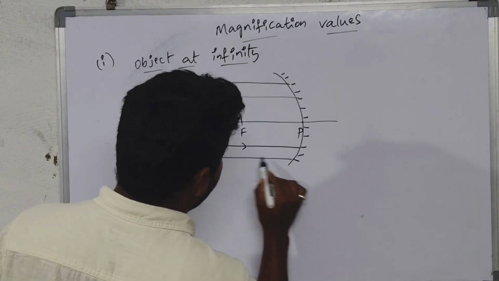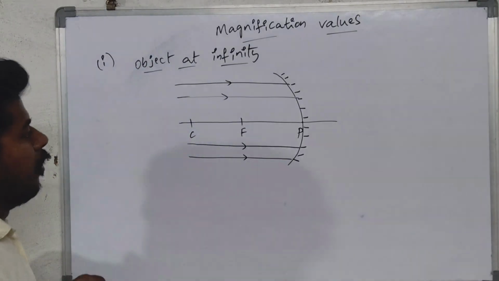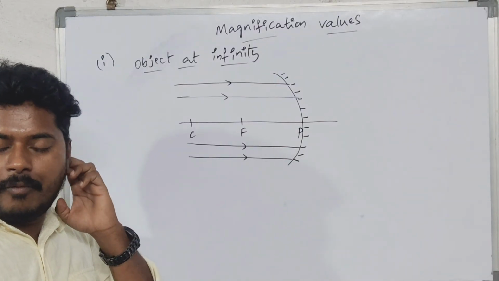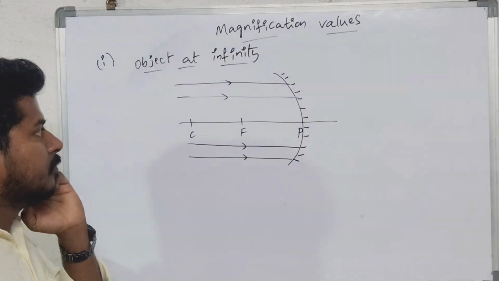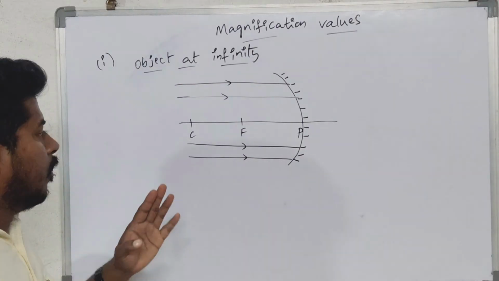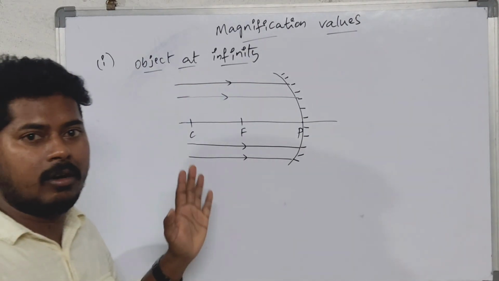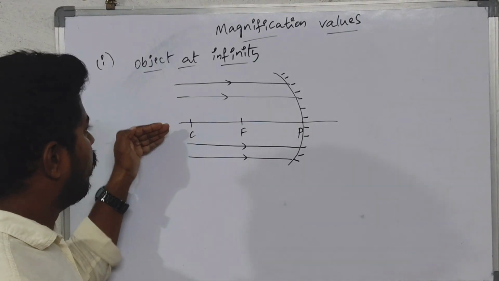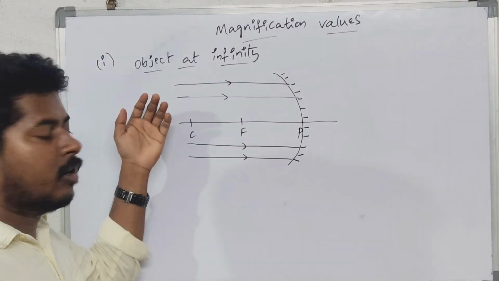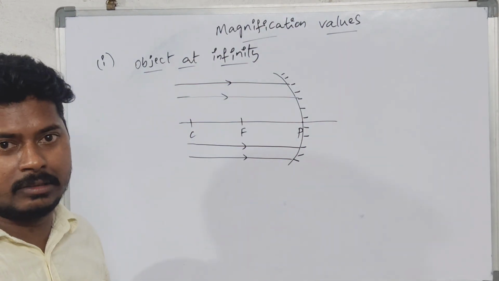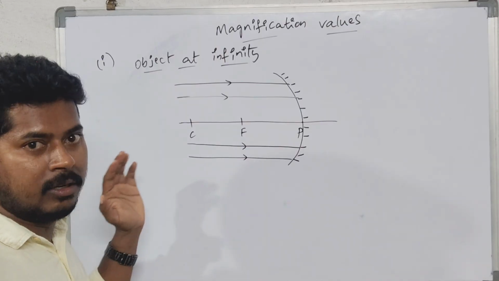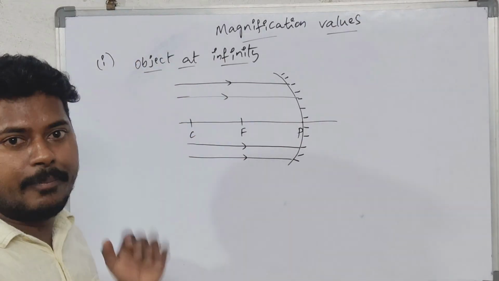In this one case, when the object is placed at infinity, you can take the object above the principal axis and below the principal axis. That's why incident rays come from the object above and below the principal axis.